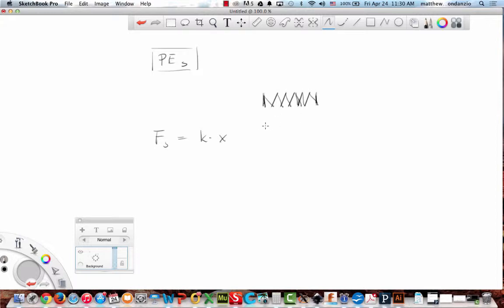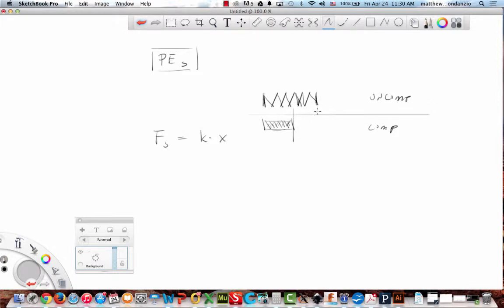The amount that I compress. So here's my spring uncompressed. Here's my spring compressed. This is uncompressed, this is compressed.